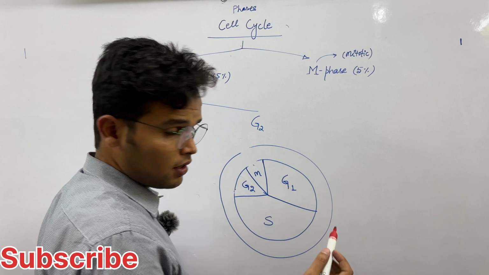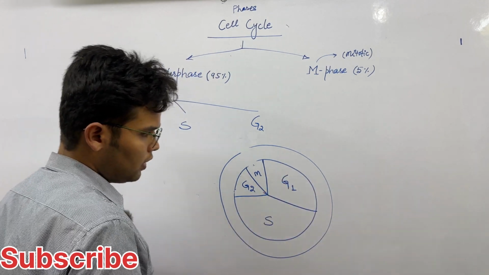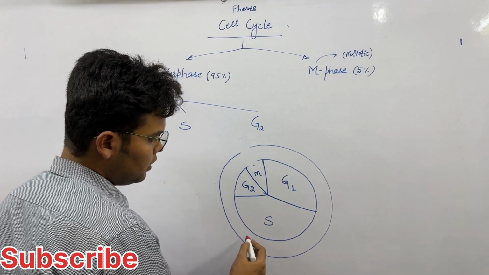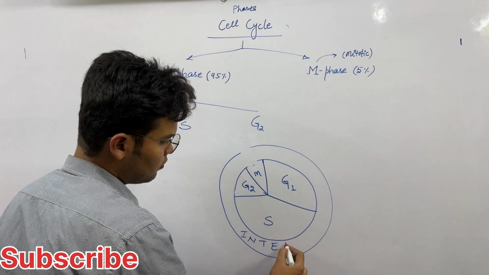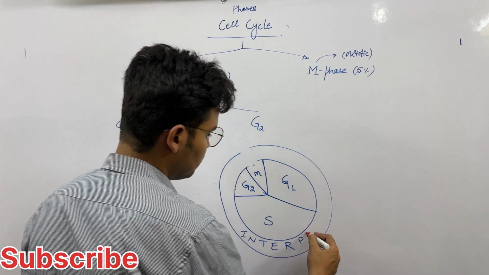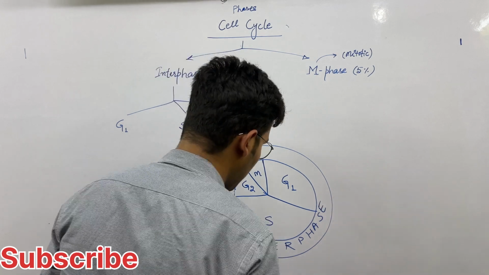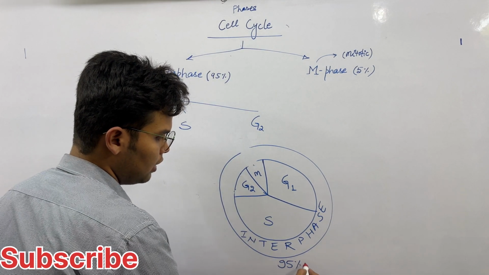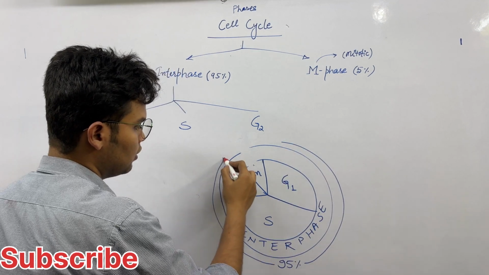Now you all must be wondering why I have made two concentric circles. So actually this part represents the interphase, which is having 95% of the time of the whole cell cycle, like this.